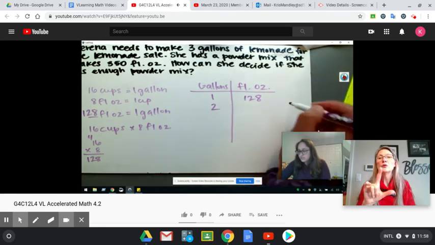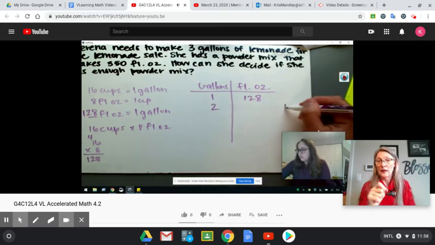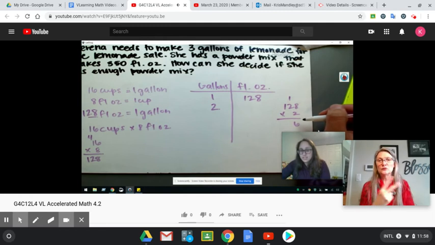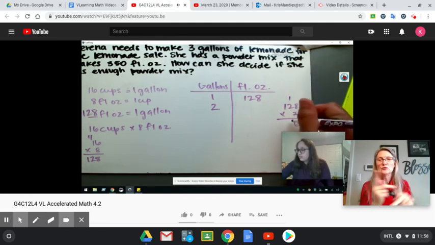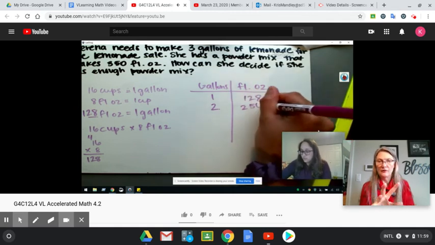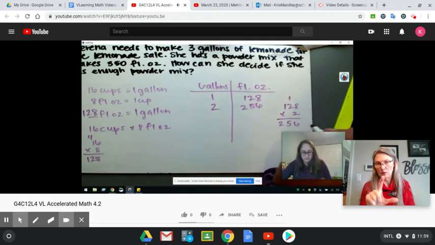In 2 gallons then, I know I need to multiply 128 by 2. And when I do 8 times 2, I get 16. I regroup my 1. 2 times 2 is 4, plus 1 is 5, and 2 times 1 is 2. So I see in 2 gallons, there's 256 fluid ounces.